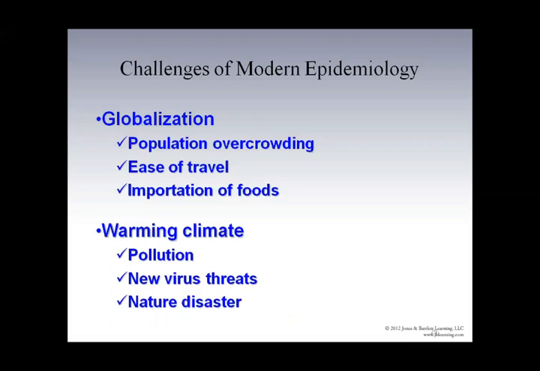With overcrowding, there is more chance of spread of, for example, viral diseases and other diseases. Travel is really easy these days, so diseases transfer from one area to another very quickly. Imported foods are sometimes not properly screened or checked, and if they are toxic, this can cause a lot of health related issues.